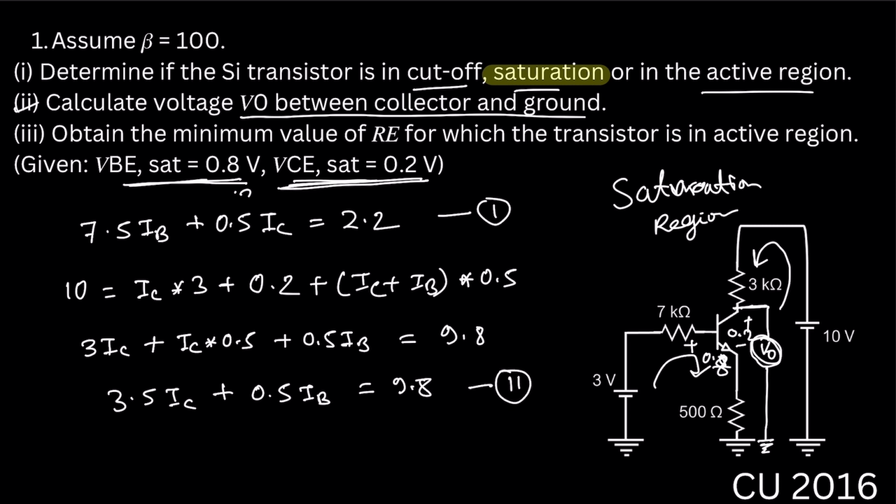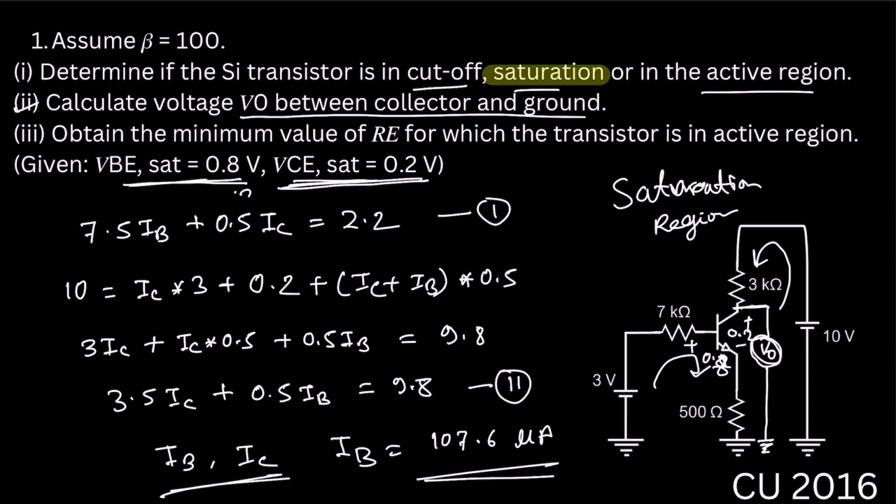If we solve these two equations, then we will get the value of IB, IC. Okay, and this is very easy. If we solve these equations, we will get the value of IB will be 107.6 microampere. You can easily do it. Okay, so just put this value in equation 1, then we will get the value of IC.